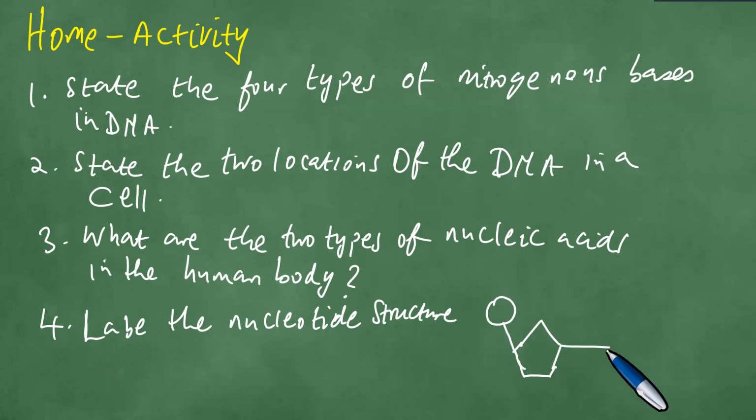So if we draw this, then you need to just label and tell us what is this block, what is this pentagon, what is this circle. Right, so this is enough.